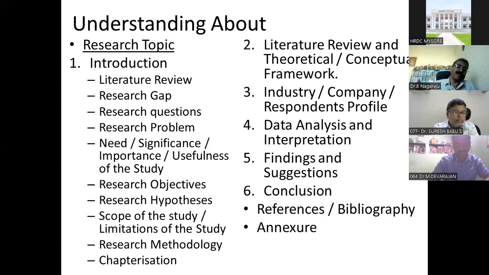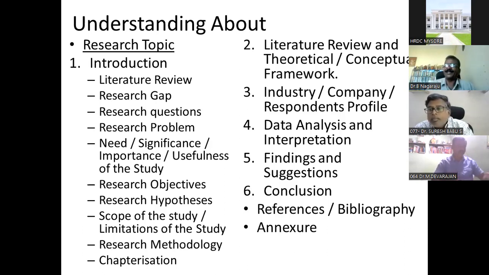I think you may or may not be aware of Pareto and Ishikawa, but normally the very common words we use are graphical analysis and tabular analysis. Ishikawa and Pareto contributed these graphics as well as tables. We are using tabular as well as graphical, but actually that should be said in terms of Pareto as well as Ishikawa.